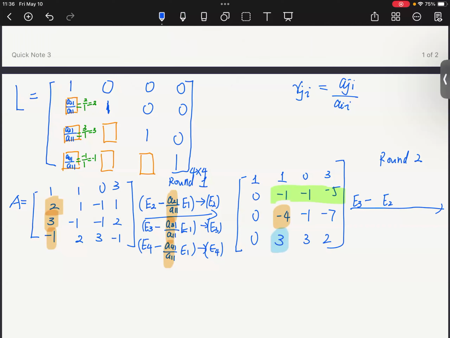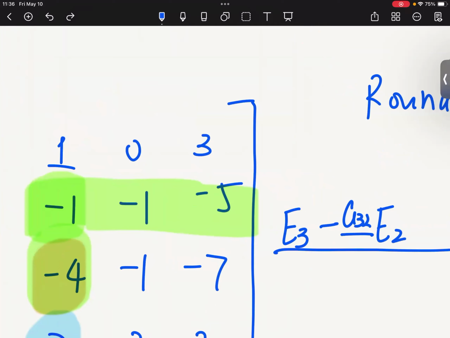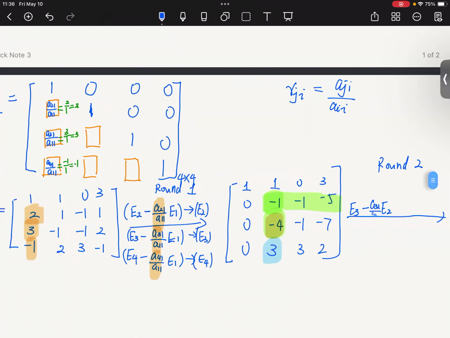The ratio should be A32 divided by A22. And I'm going to use this result to replace the original row 3.